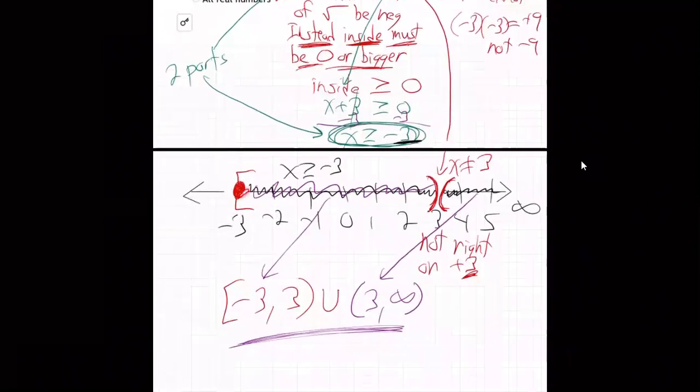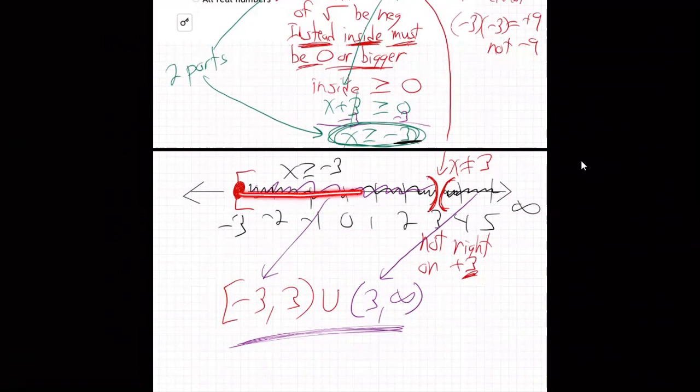Just imagine, how would you say it in words? You would say all the numbers from -3 up to +3, but don't include the +3. Parenthesis there, right? Bracket on the -3. Remember, bracket includes it. Why do we include it? Because it can be greater than or equal. You can be equal to -3. You can be straight on -3. That's fine.